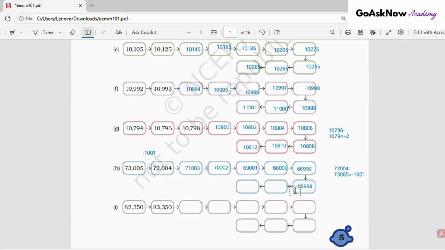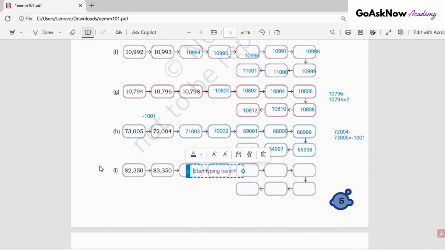Then subtracting again gives 64,997. Then subtracting the previous term by 1,001, which is 63,996. This is the answer for part H.